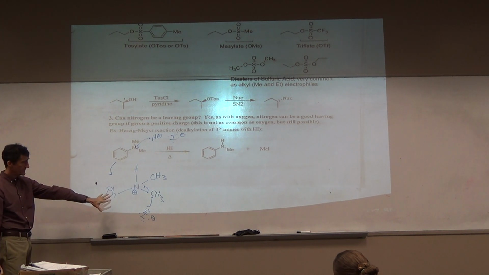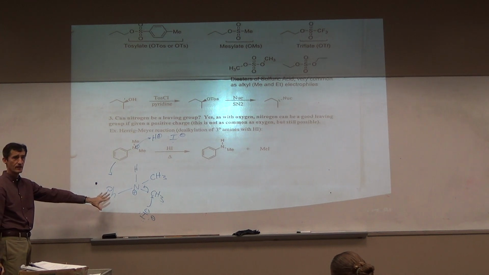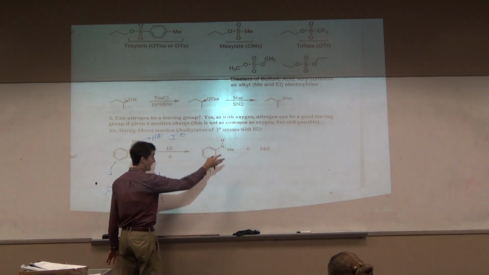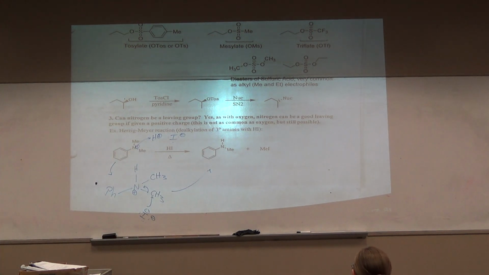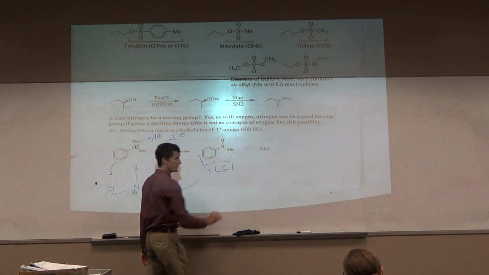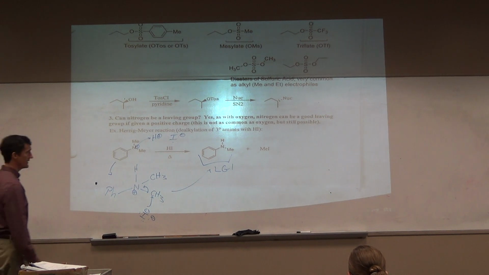And what is that right there? First off, what type of mechanism am I doing? It's an SN2. What does this give? It gives that. Again, that was the leaving group. It all depends on probably what you're after here is that.